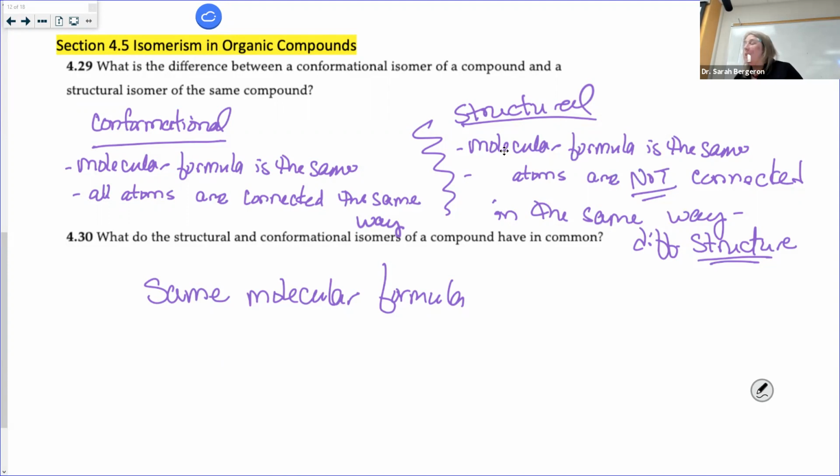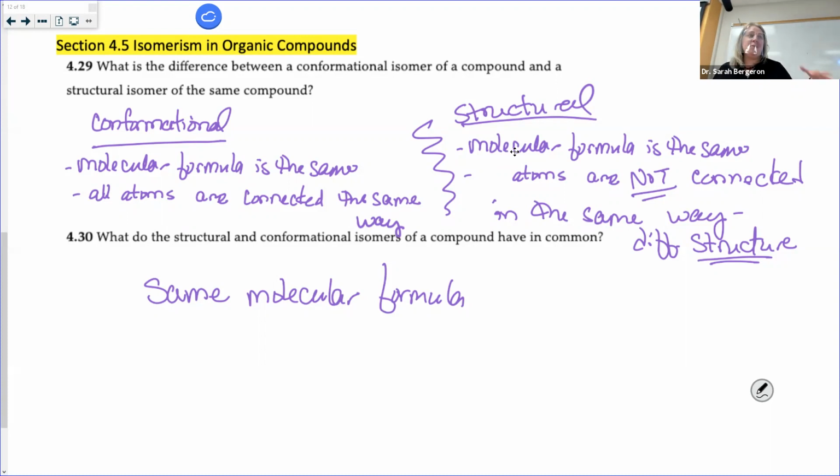Okay, so the last little section we have to talk about in organic compounds is isomerization. So molecules can be very similar in a couple of different ways. So you can have something that is called a conformational isomer. In a conformational isomer, this is what I like to make an analogy to.